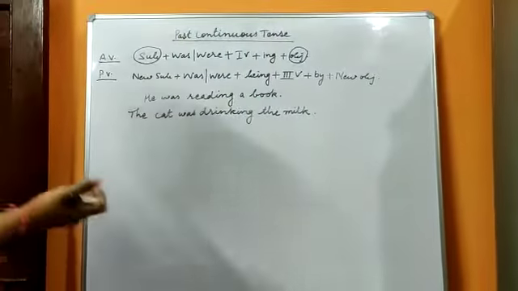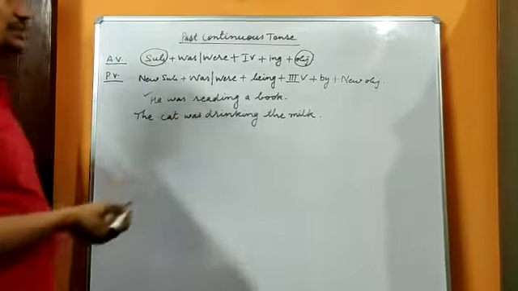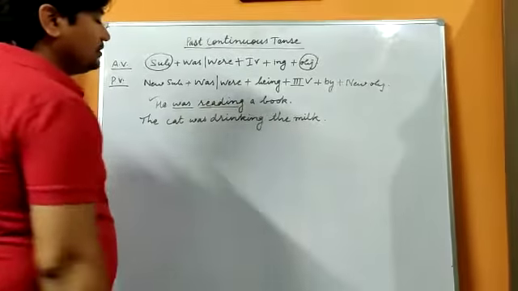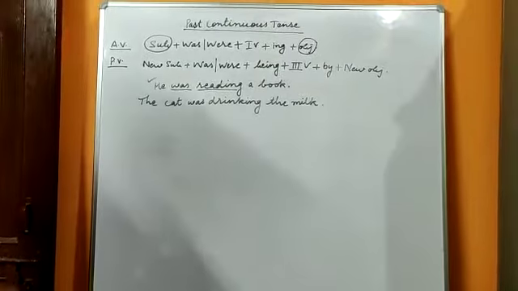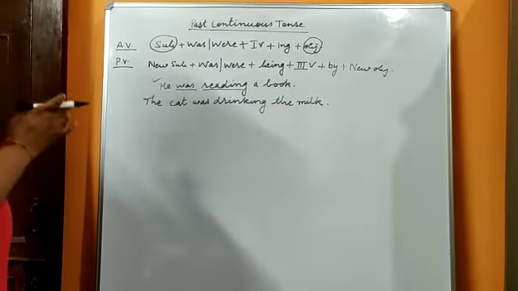Right. Now change it into passive. First take this sentence. He was reading a book. With the help of helping verb and main verb, we come to know that the tense is past continuous tense. Now apply the rule.